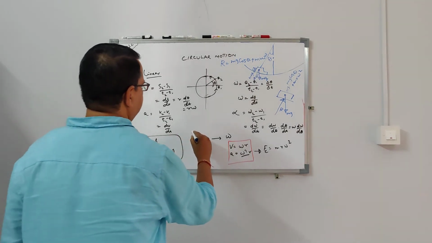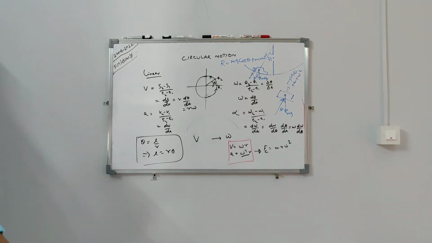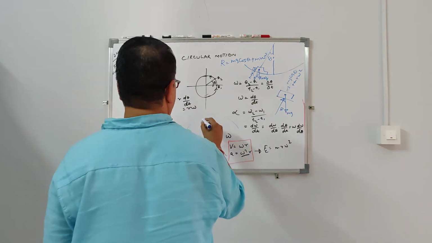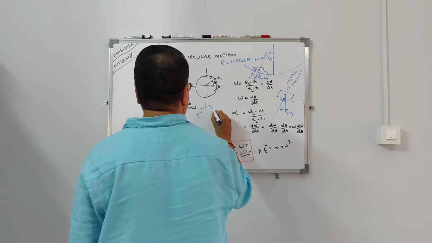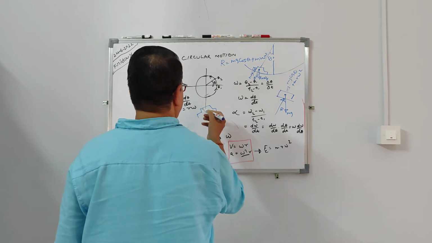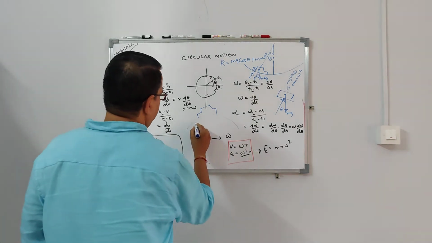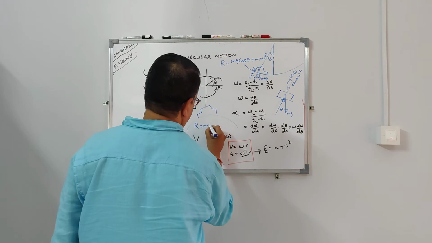When it is going on a convex surface, so this is the convex surface, it will be opposite. Instead of getting added, it will get subtracted. So this is my car, and the new reaction will be R is equal to mg cos theta minus mr omega square.